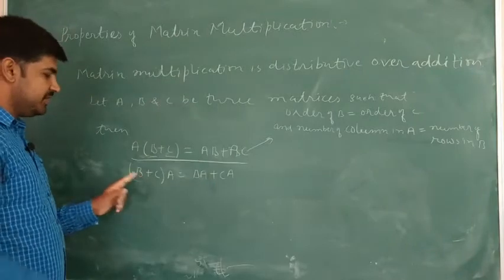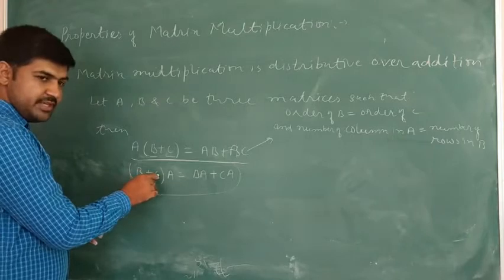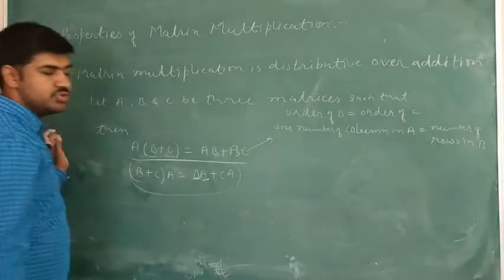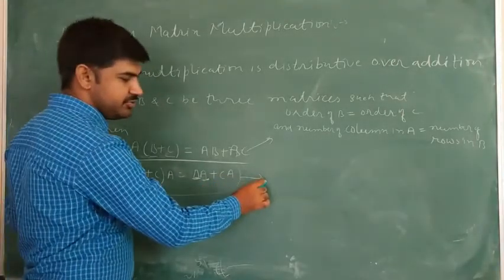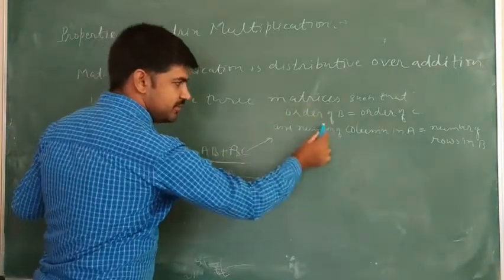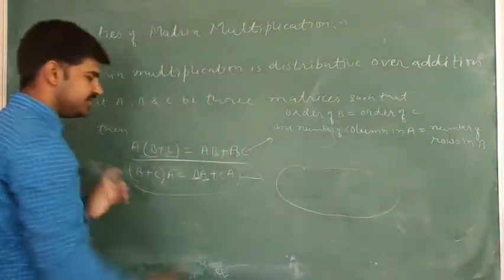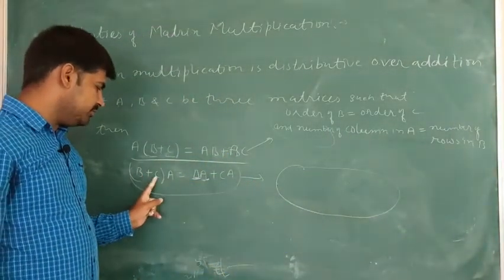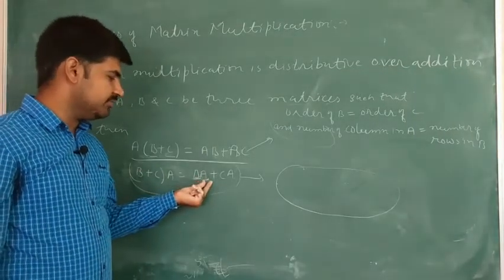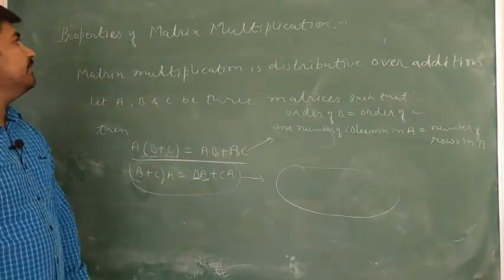And for this particular statement, A, B and C are taken such that the order of B is equal to the order of C, and then the number of columns in B is equal to the number of rows in A. So for this particular statement, A, B and C will be taken in this form, order of B is equal to order of C, and number of columns in B is equal to number of rows in A. So this is another property of matrix multiplication.